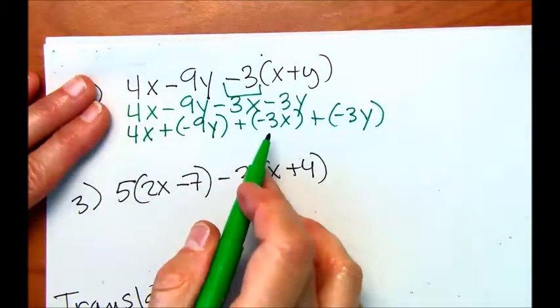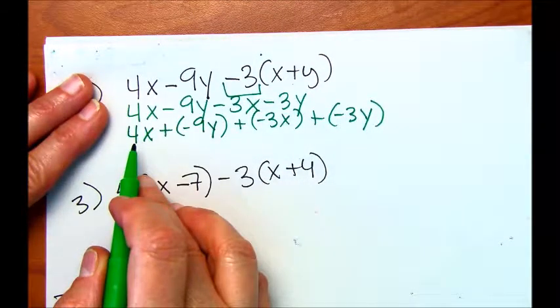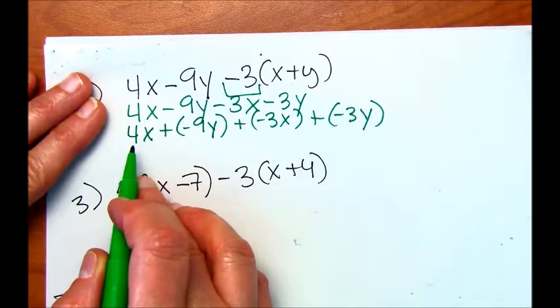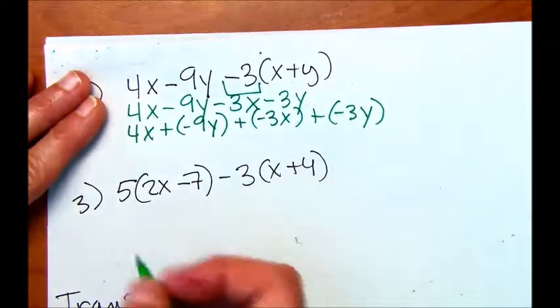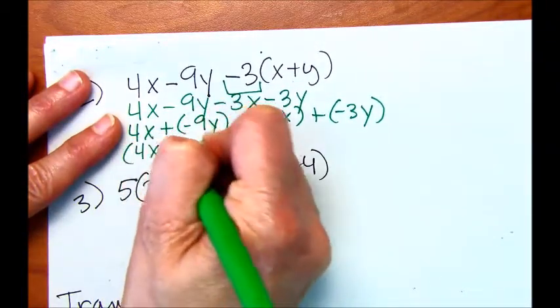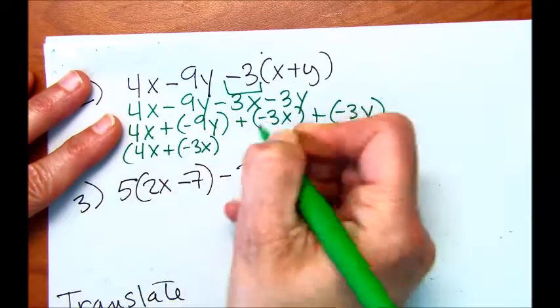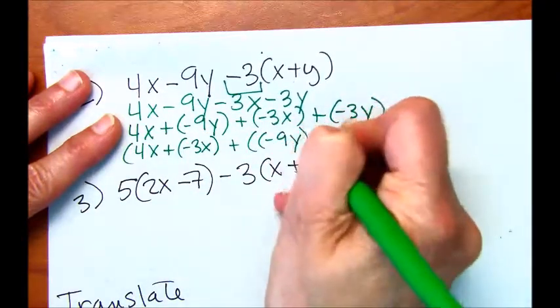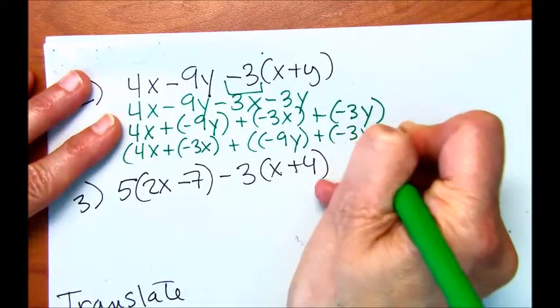I'm going to put my x's together and group them. That's commutative property, and then grouping with associative property, and then I'll do the same thing with the y's. So I've got 4x plus negative 3x plus negative 9y plus negative 3y.